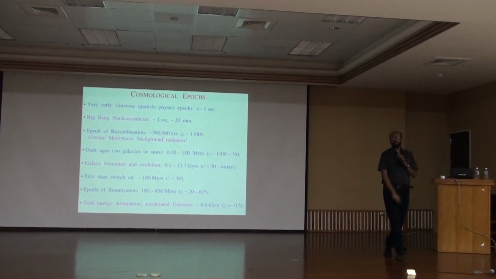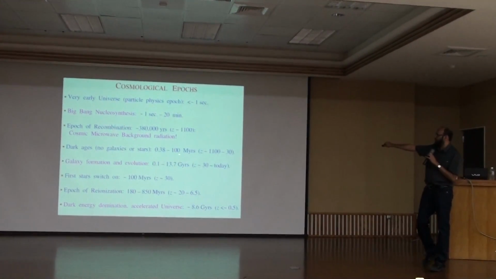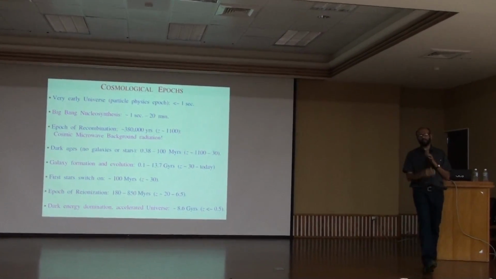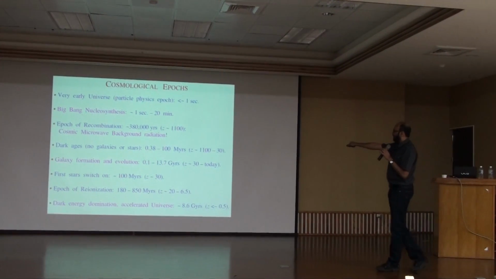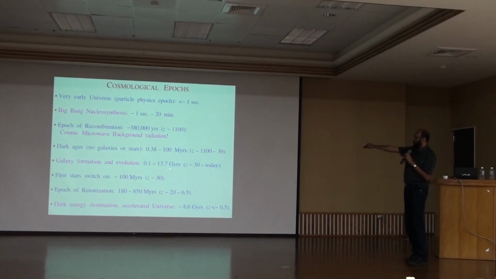And that goes on from roughly redshifts of 1100 to redshifts of 30, so about 400,000 years to about a few 100 million years. Galaxies start to form, the first big galaxies, at redshifts of about 100, 150, 200 million years. And they continue to form up to today, 13.7 billion years after the Big Bang. Roughly redshifts of 30 to today.